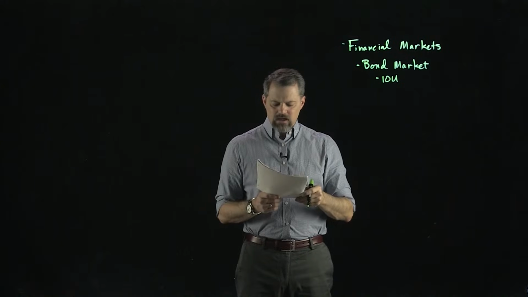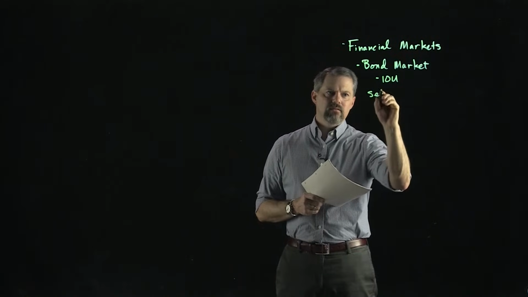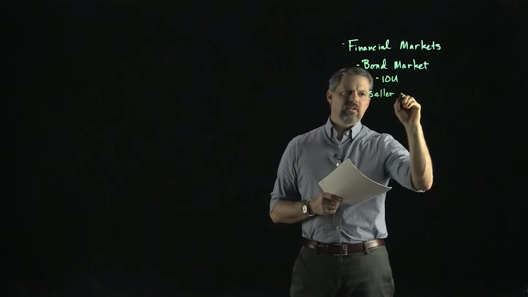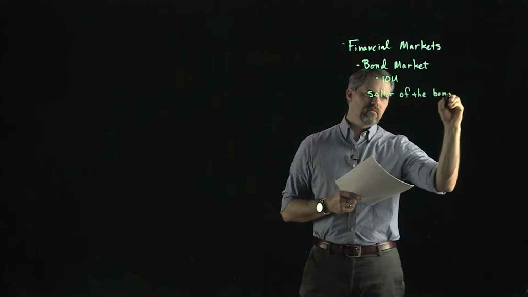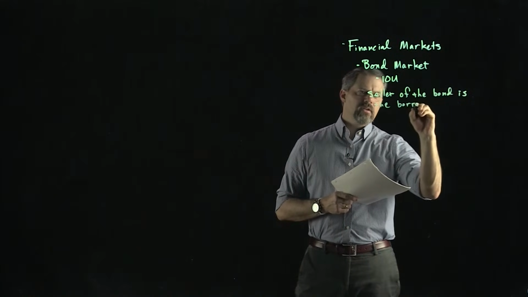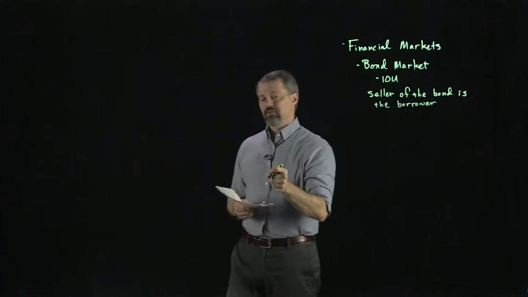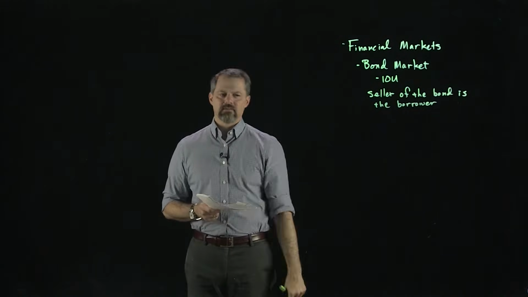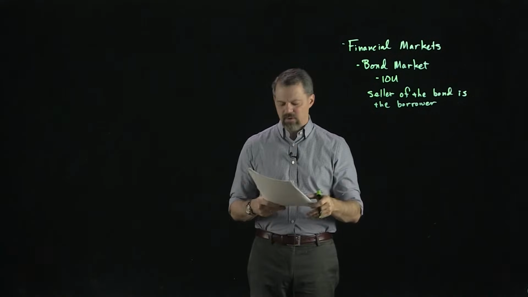The seller of the bond is the borrower. The buyer of the bond is the lender. So let's think about the things that are specified on the bond.